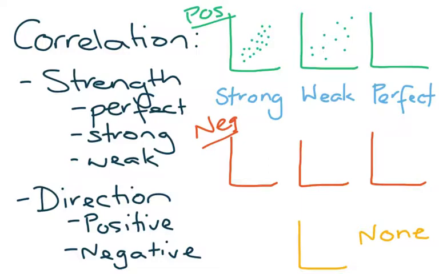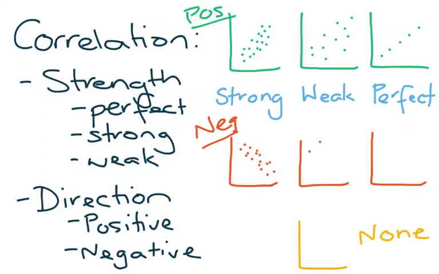And then you have perfect correlation, and perfect correlation is when it's all literally in a straight line like so. And all of those ones are positive because they're going in an upward direction. So then when we do negative correlation, negative strong correlation, same thing. All the dots are really close together, and you can see that really strong relationship between the two variables.